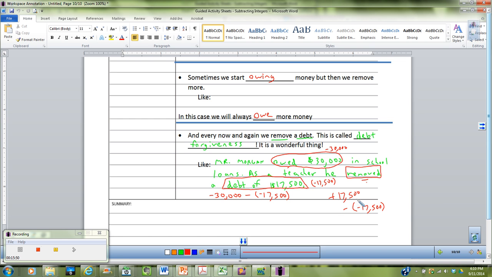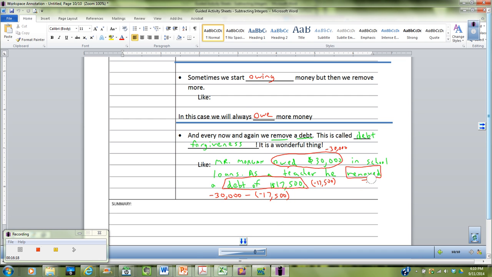I'd be like, ooh, man, cool, give me that money. But this one was different. I owed them $17,500, and they just say, you know what, you don't have to pay me that back. So I do get to add that back onto my balance or decrease the amount of money that I actually owe. But they didn't actually give me an extra $17,500.